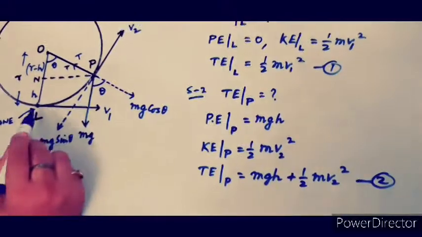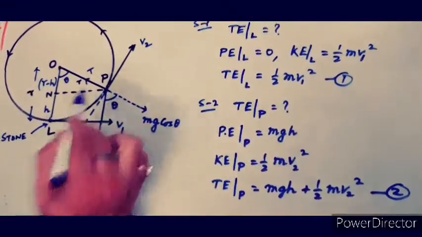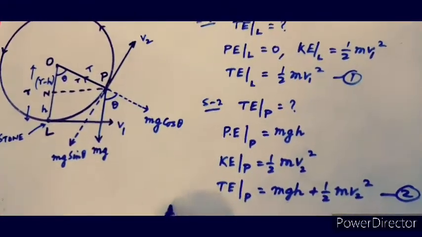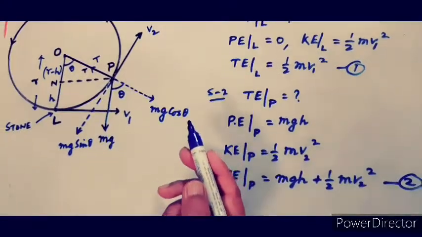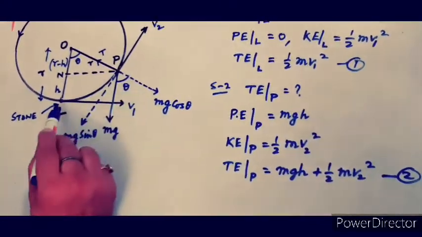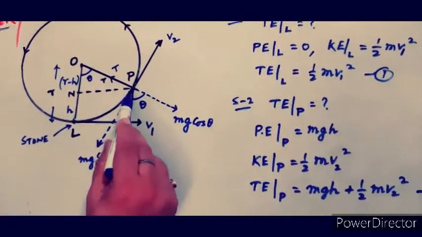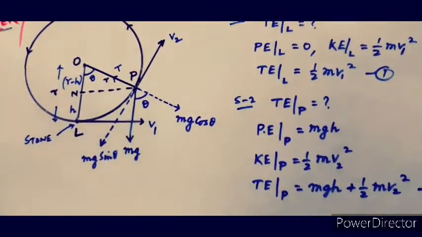So we have found the total energy at point L and the total energy at point P. According to the law of conservation of energy, the total energy at L and at P should be the same.